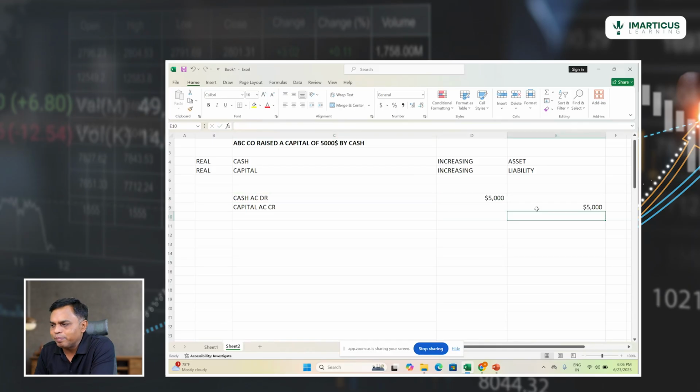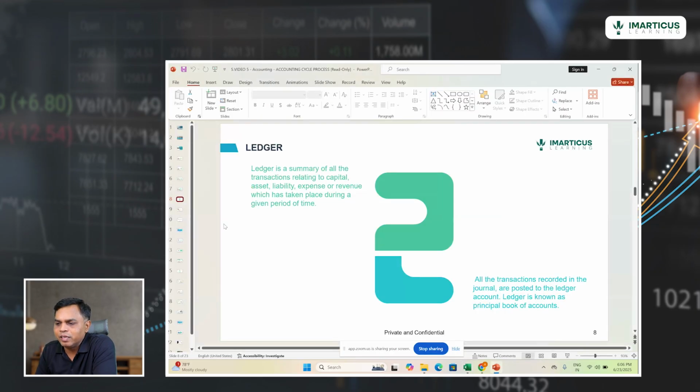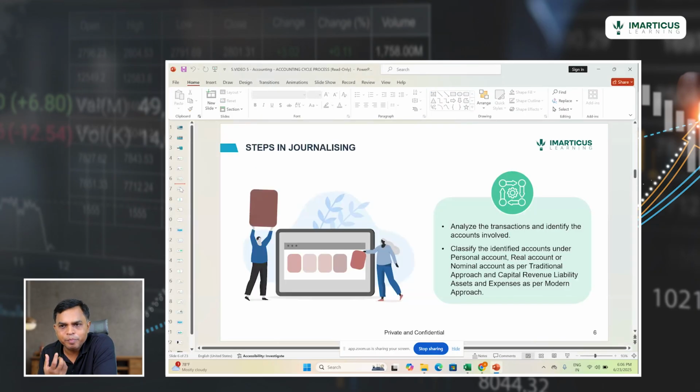So the first step in the accounting cycle is preparation, means recording this transaction. The transaction is recorded by posting a journal entry. The journal entry can be posted by using the traditional approach of following three golden rules, or the modern approach where you apply the rule of asset, liability, capital, revenue or expenses and pass the journal entry.